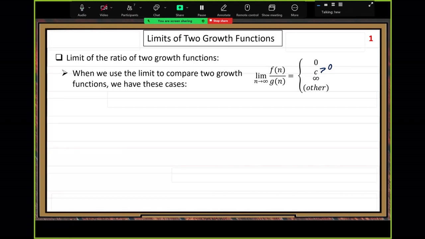So C should be a positive constant. Then the limit could be infinity. Then the 4th case, the limit does not exist. The 4th case, other. So what do I mean by other? The limit does not exist.